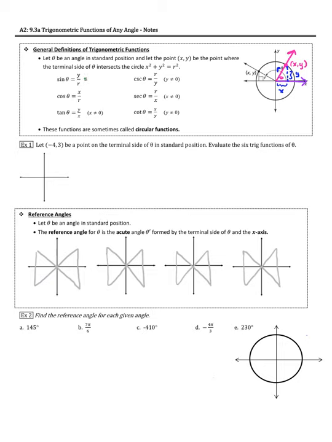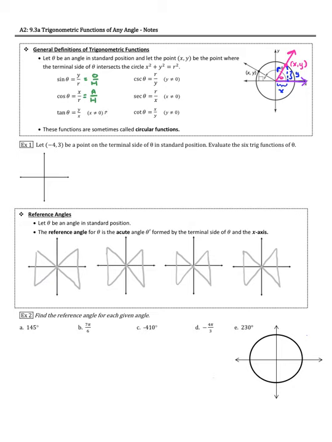We know that the sine of theta, which formerly we called opposite over hypotenuse, is now going to be the y value over the radius. And the cosine is now going to be the x value over the radius, because it used to be the adjacent over the hypotenuse.